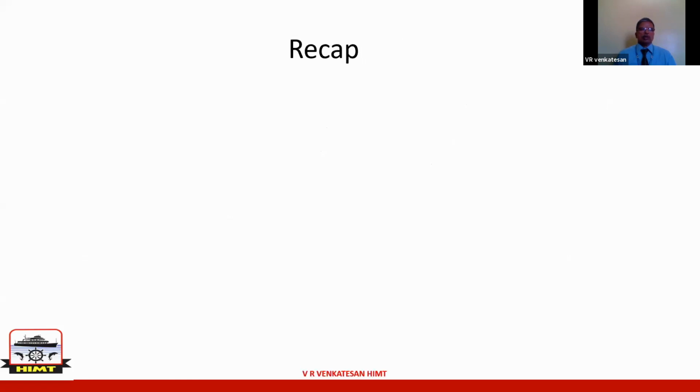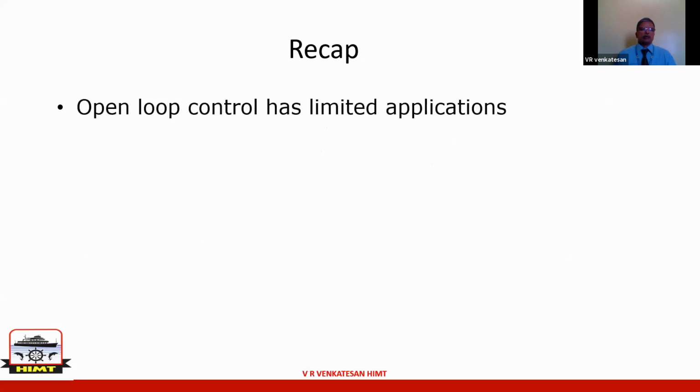To recap on what we did in the last class, first part was that there is a type of control called open loop control, but open loop control has got limitations. Mainly it is because there is no continuous measurement of the control variable. If the load changes, open loop control cannot take care.